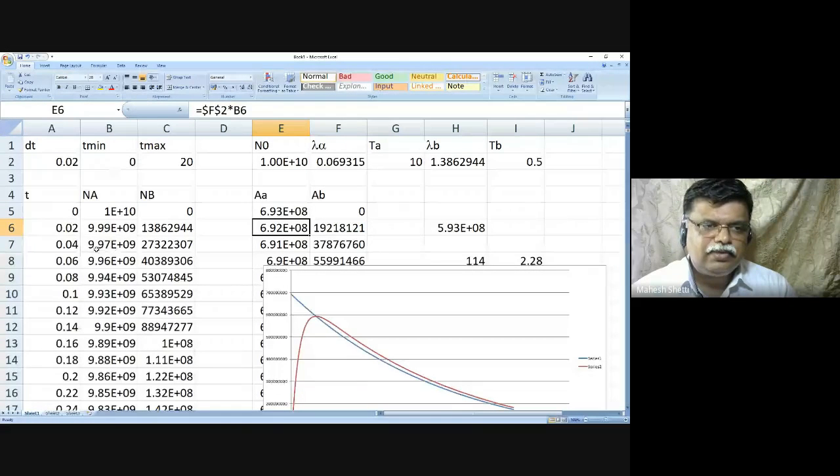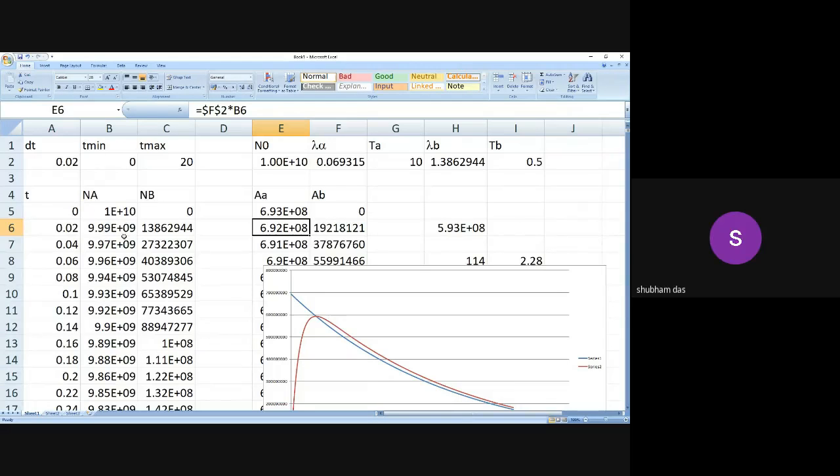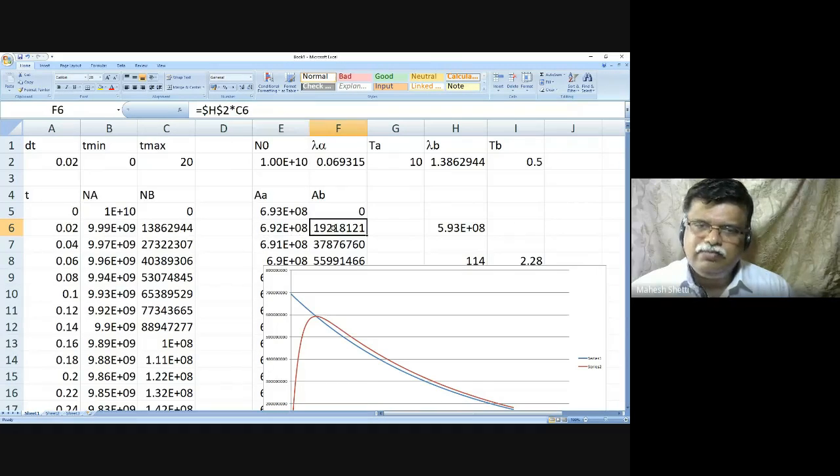B6 contains the number of nuclei of A. Similarly, for activity of B, it is lambda B multiplied by the number of B, NB. Okay, so we shall continue tomorrow.